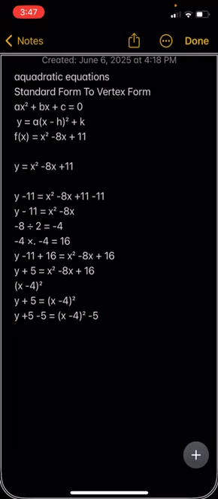Simplifying, the 5s will cancel out, so y is equal to (x minus 4) squared minus 5. So we have successfully transformed our equation from standard form to vertex form.